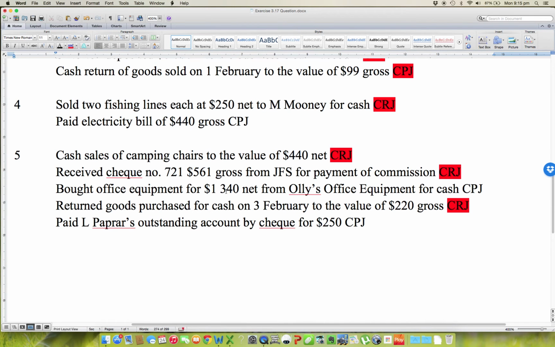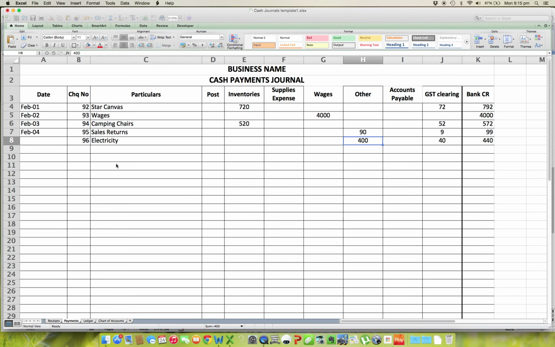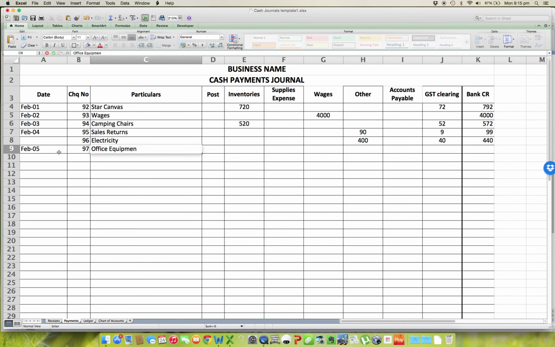It was $1,340 net, which means we need to add the GST onto that figure. So this happened on February the 5th. Next check number's 97. Pop it down as office equipment.